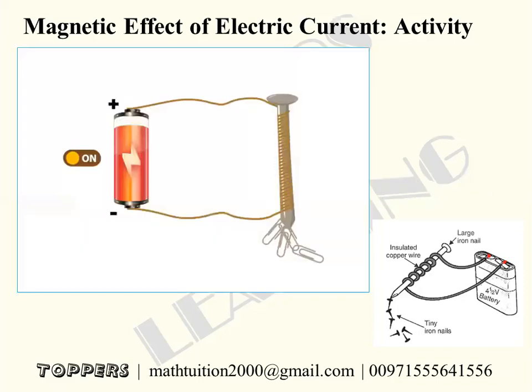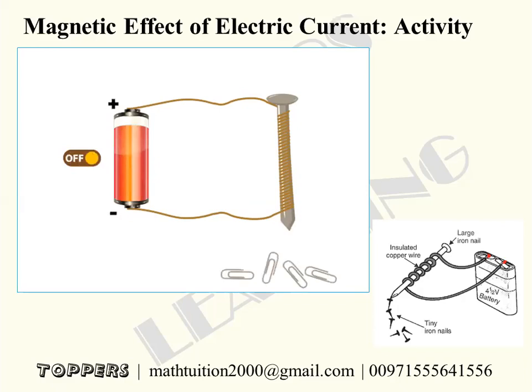Now I will show you the activity. See, there is an animation for that activity. Switch on, switch off. When we are switching on, the big iron nail becomes a magnet, an electromagnet, and it is attracting the paper clips.